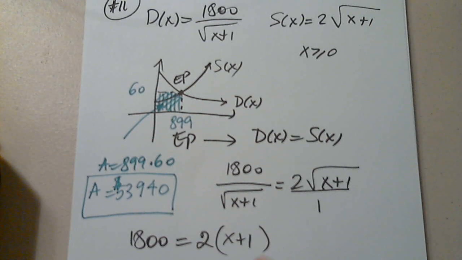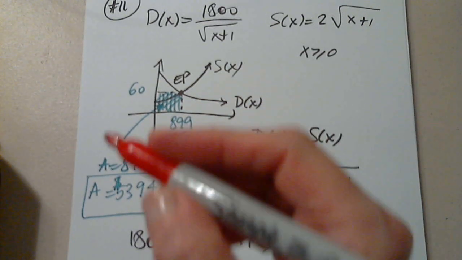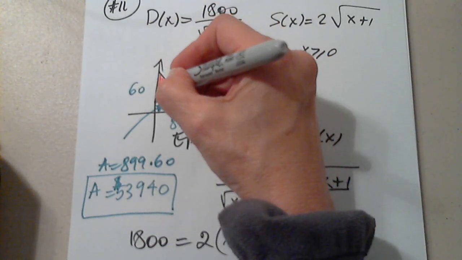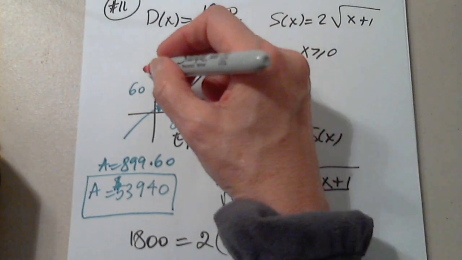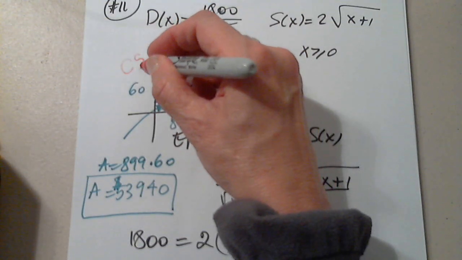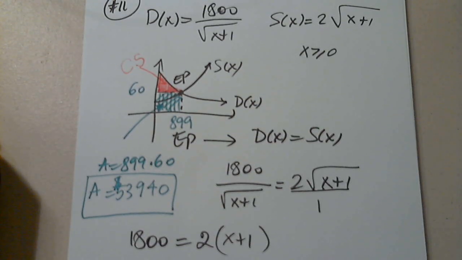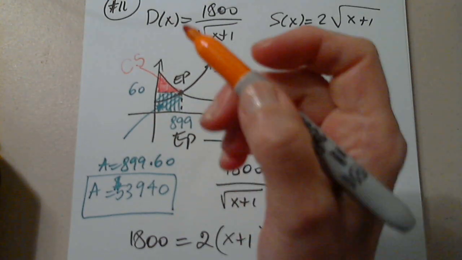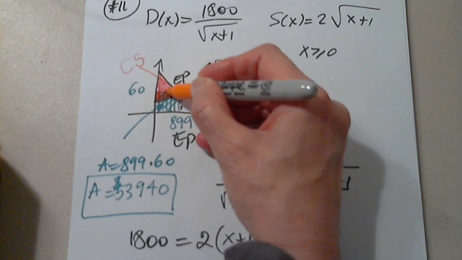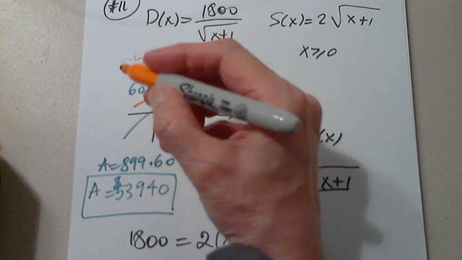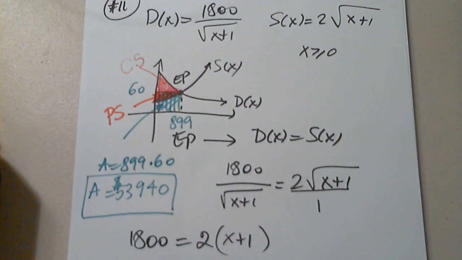We have that, and now we want to determine two different things. One is this piece, the red piece, which is the consumer surplus. The other one is this orange piece, which is the producer surplus.